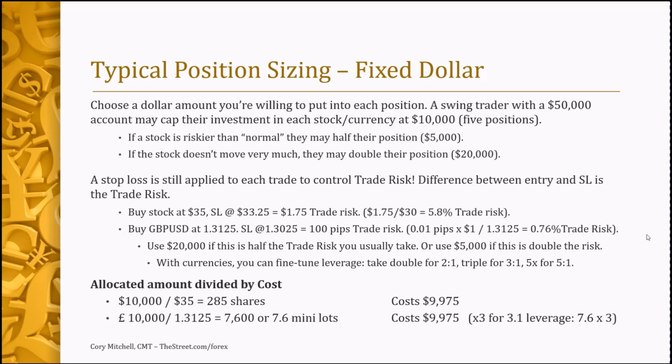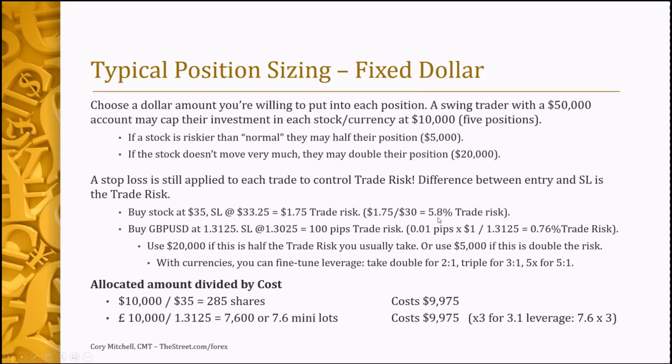And I picked this because when I am trading stocks, most of my trades are calibrated to around 5%. The difference between my entry point and my stop loss is typically about 5% of the entry price. So then that allows me to go back to what I talked about here: if the trade risk is about 5%, then I'll put, in this example, $10,000 into the trade.